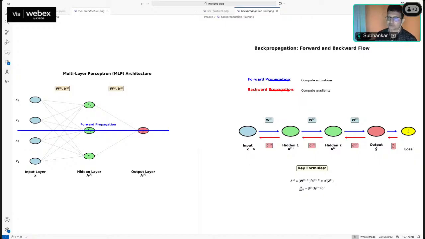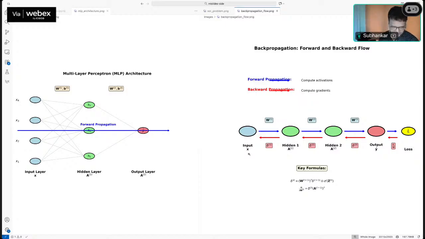Given a particular input x, I got this loss. Now I want to find out who is responsible and what I should change so that the loss will be minimum. So I want to find the loss with respect to x.